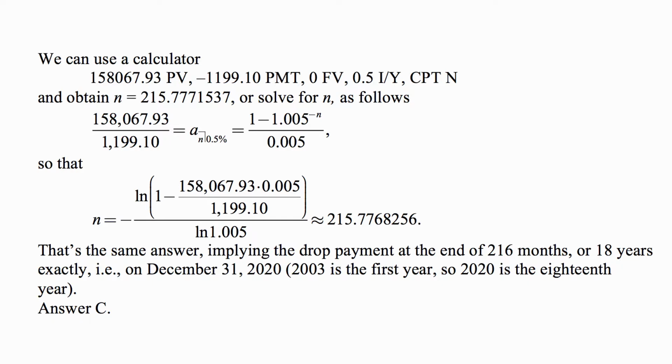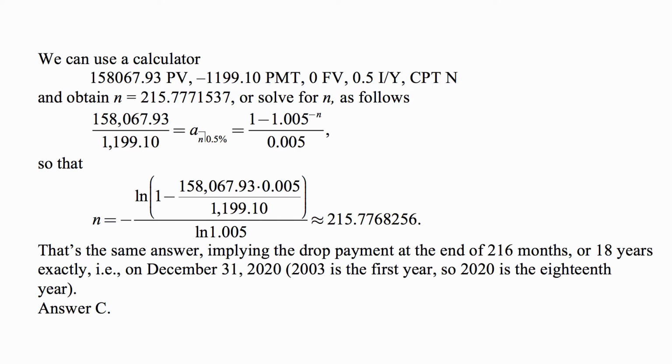And therefore N is equal to, after taking the natural logarithm of both sides, minus ln of 1 minus 158,067.93 times 0.5% divided by 1,199.10. This whole natural logarithm is divided by the natural logarithm of 1.005, with a minus sign from that minus N in there.